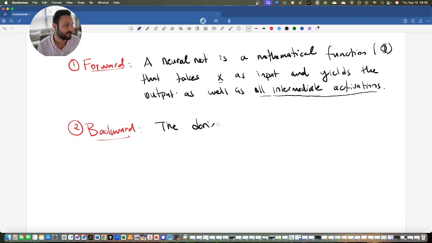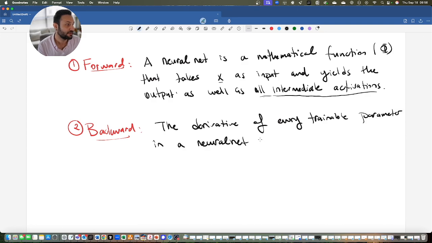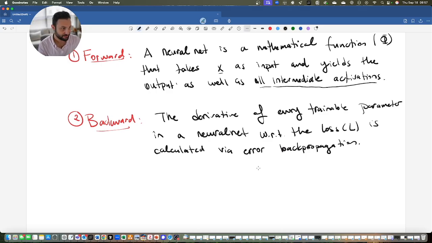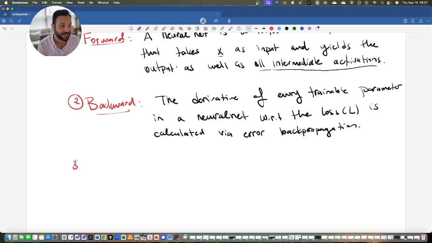The derivative of every trainable parameter in a neural net with respect to the loss L is calculated via error backpropagation.